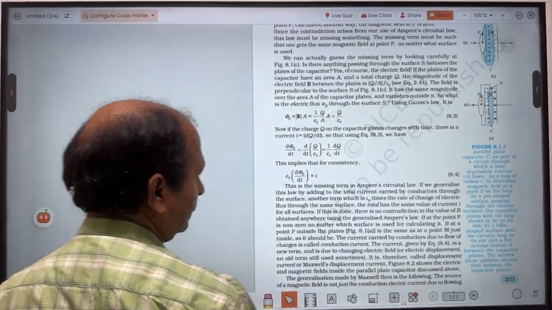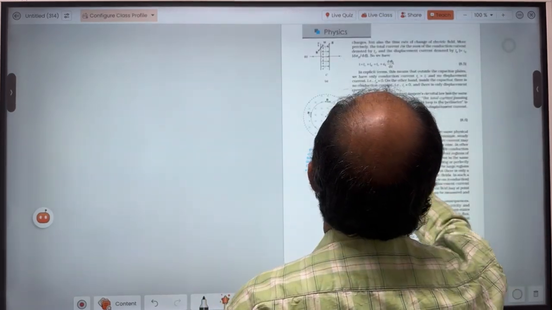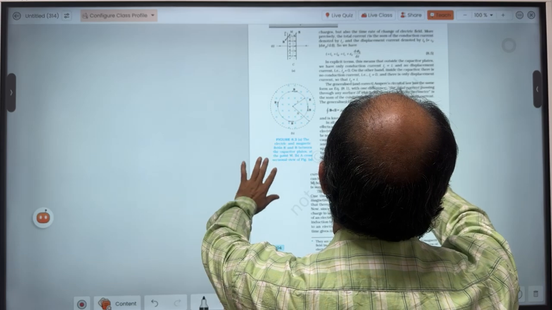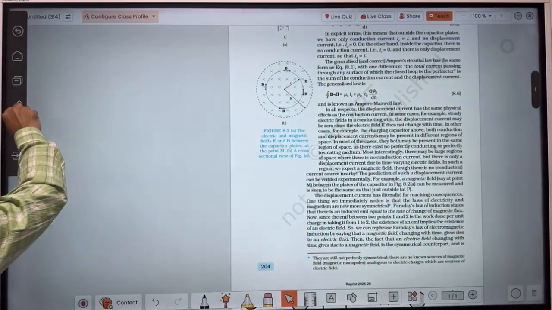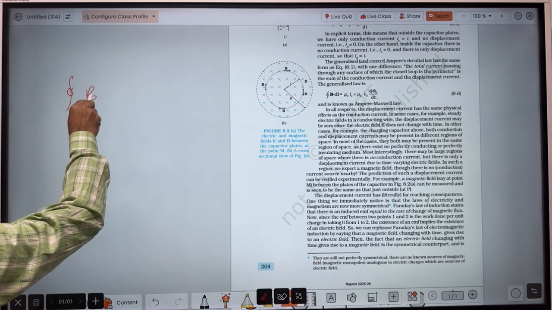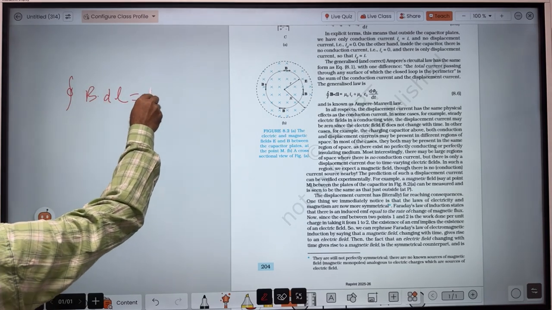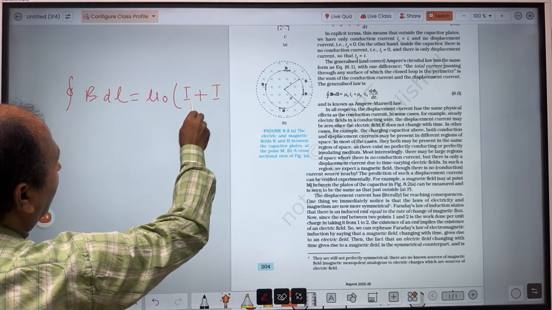Now here the same thing is written as I told you, Ampere circuital law, integration B dot dl is mu naught (I plus ID).